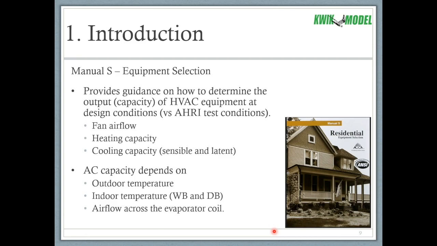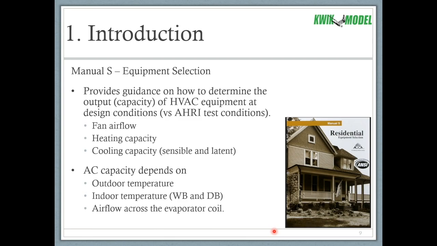Sensible capacity is the ability of the air conditioner to change the temperature of the air, and the latent capacity is the ability of the air conditioner to dry the air, to remove moisture from the air. And those two together add up to the total cooling capacity. So when we talk about a 3-ton or 4-ton or 5-ton piece of equipment, that's the total capacity, sensible and latent. And that number will actually change depending on different things.